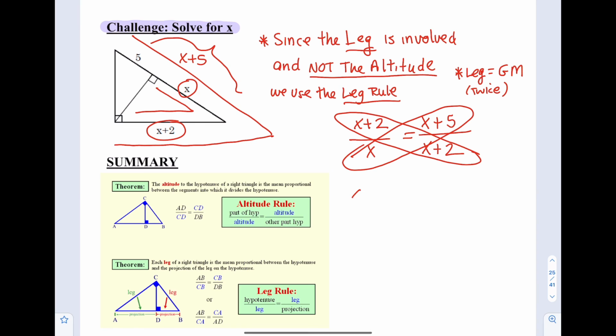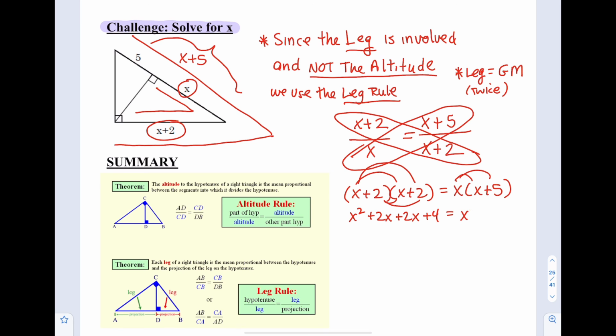Careful with cross multiplying. Now we have a binomial multiplied with another binomial, as well as a monomial times a binomial. In other words, we have a lot of distributing to do. X times x is x squared, x times 2x is 2x, and I'm just going through and doing the distributive property here, so you get the idea. I'm going to clean up some common terms by adding them together.